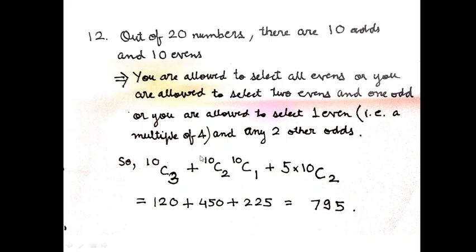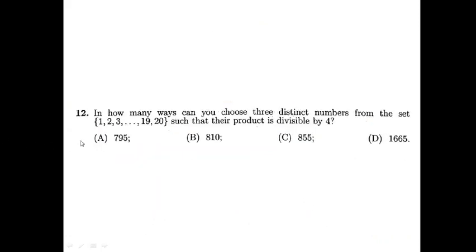Second condition, out of 10 evens you select 2 evens, and out of 10 odds you select 1 odd. And third condition is you have to select a multiple of 4. Now there are 5 multiples of 4: 4, 8, 12, 16 and 20. So 5 into 2 odds, you have to select 2 odds, so 10C2. On simplifying this, you get 795. So our answer is A.